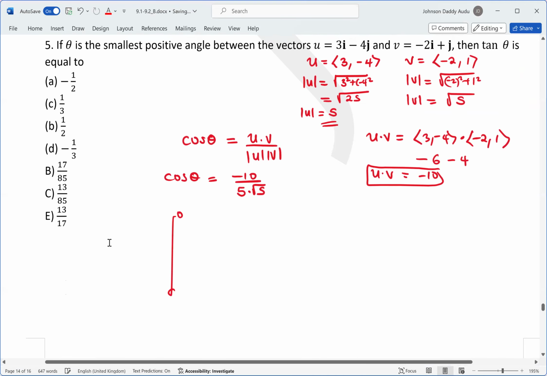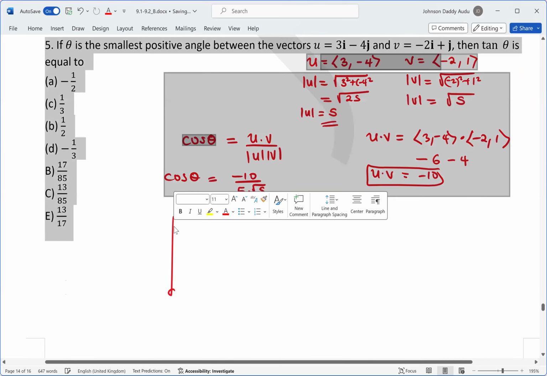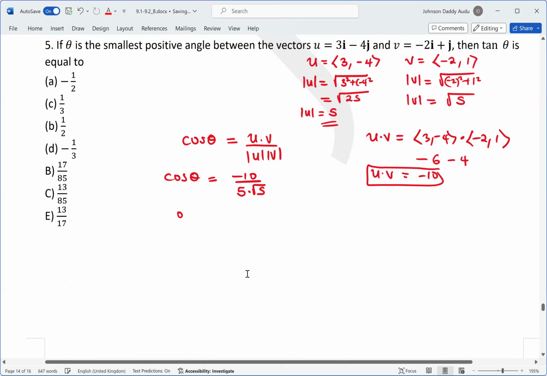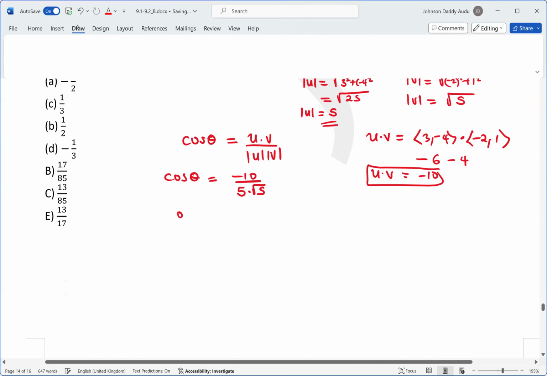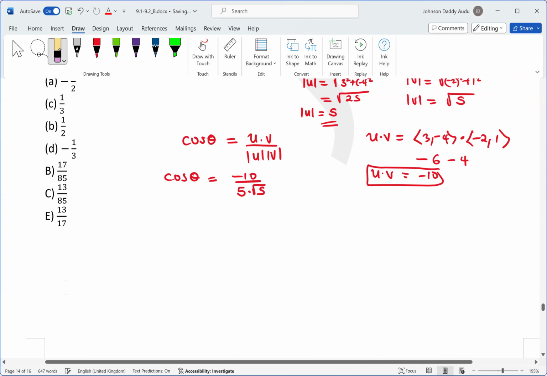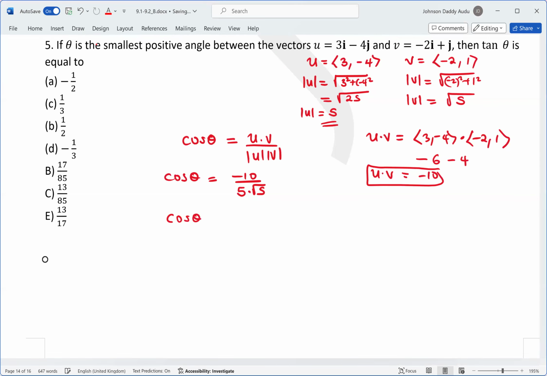And this means that cosine theta is minus 2 over root of 5.